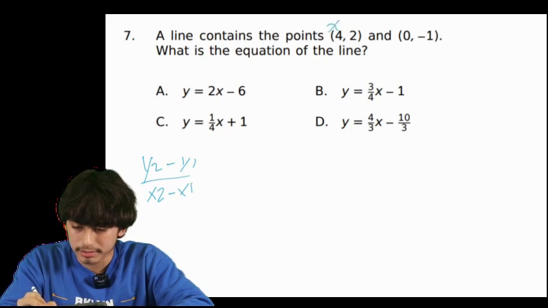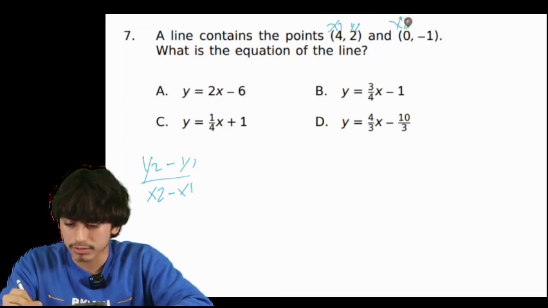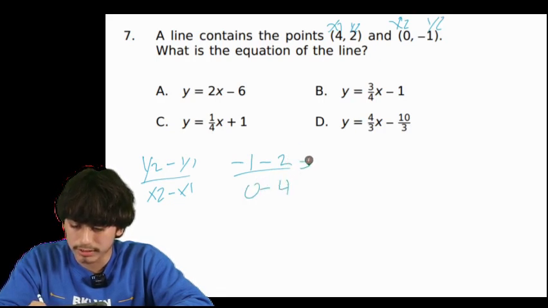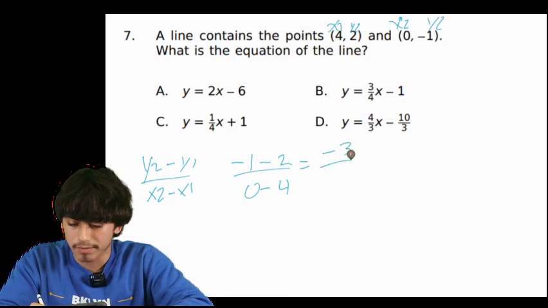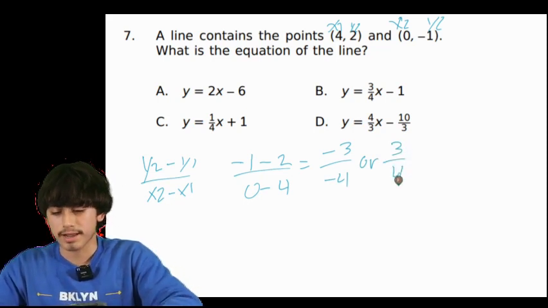Here that's -1 minus 2 over 0 minus 4, which is going to be -3 over -4, or in simpler terms, 3 over 4.